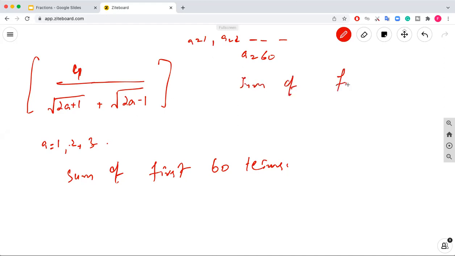Sum of the first 60 terms of the sequence. Just quickly tell me the answer. 20.